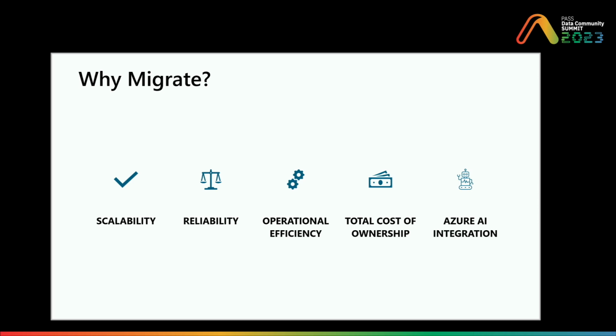The first one is scalability. This is my favorite one. I've seen many customers who have either underutilized servers or have scaled too tight, so during their peak processing it just crawls. And it's very complex to scale up and down. With the cloud, we are able to scale up and down as needed. It provides cost efficiency and agility. The key thing is, recently at Ignite and PASS Summit, we announced that we are able to scale up and down at near zero downtime, less than 30 seconds.